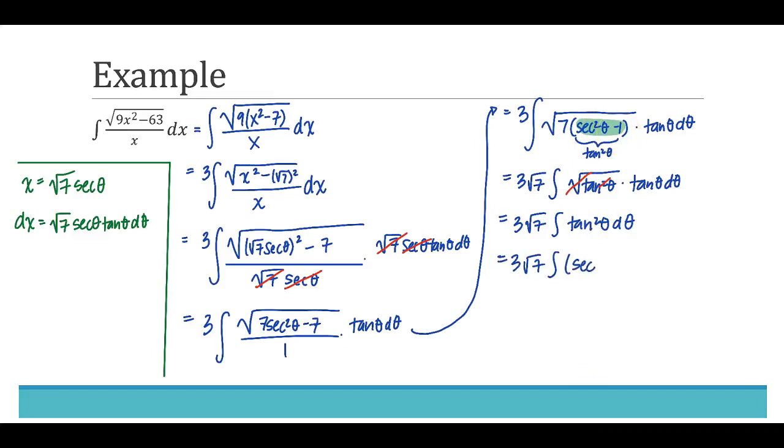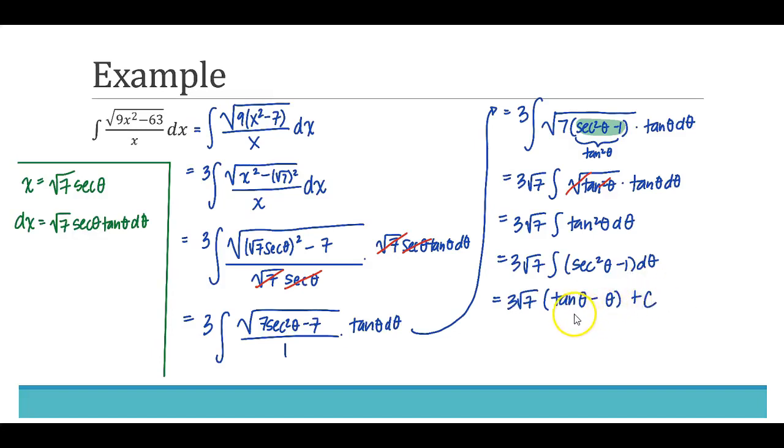So if I replace tangent squared theta with secant squared theta minus 1, now I can integrate each part separately, and each part does have a general antiderivative. The antiderivative of secant squared, or the integral, is just tangent, and the integral of 1 is just theta. So we have 3 radical 7, and then tangent theta minus theta plus c.